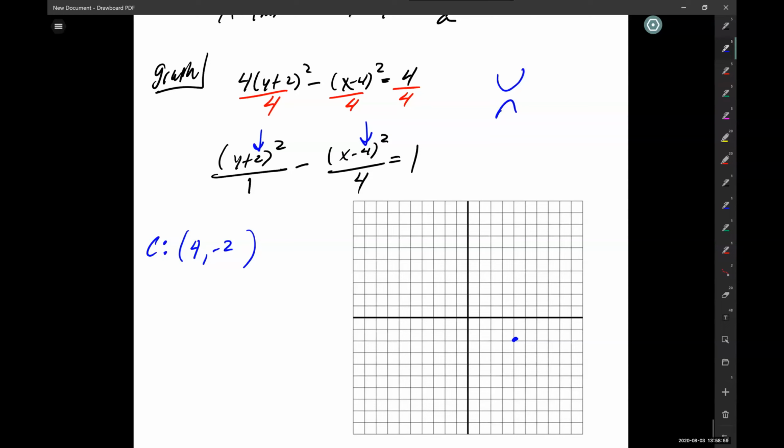Next, we're going to find the a value and the b value. So remember that if it's connected to y, that's b squared. And if it's connected to x, that is my a squared. That's going to tell me that a is equal to the square root of 4, and b is equal to the square root of 1.